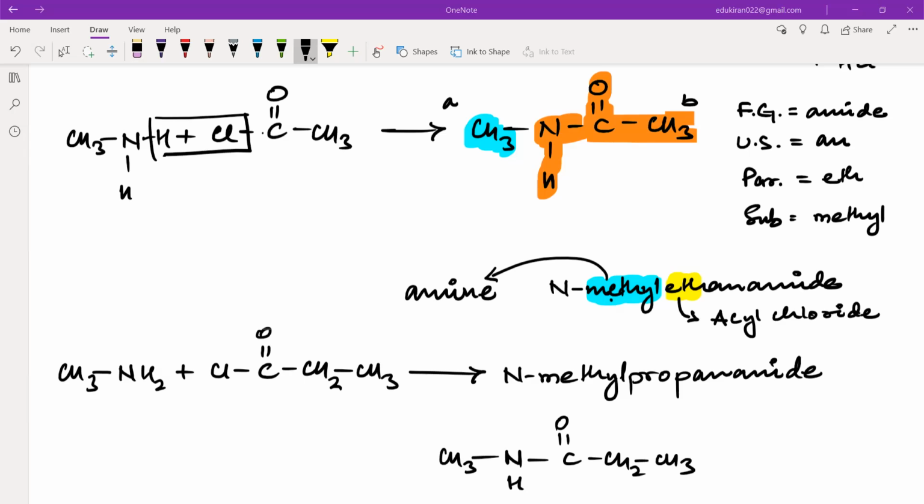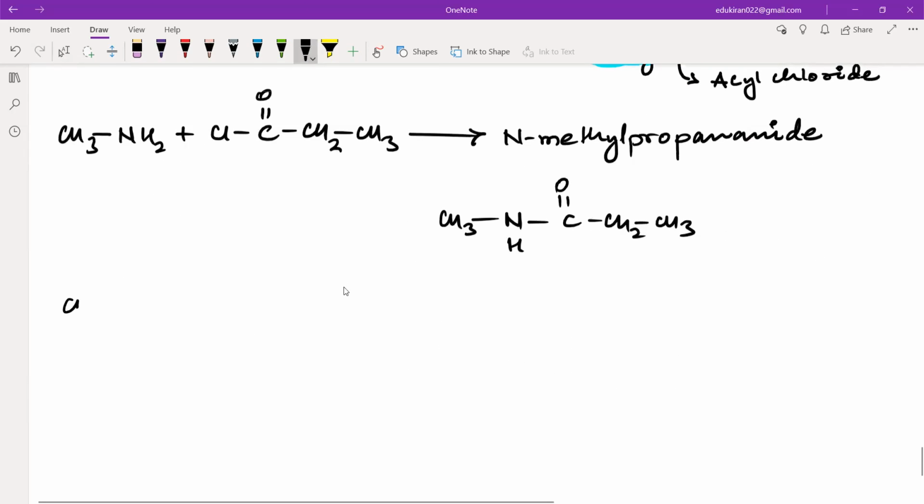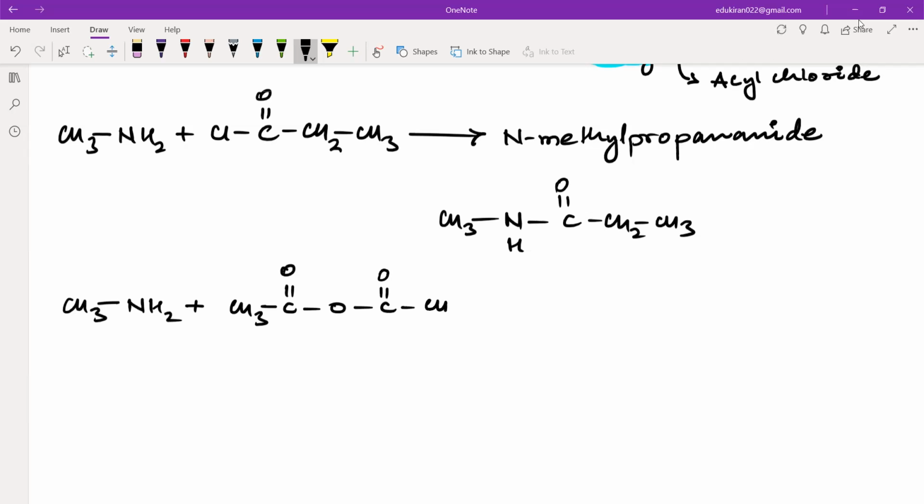Okay. Now, a similar type of reaction is also shown if you react amines with anhydrides. You have CH3NH2. If you react this with an anhydride, that is CH3, C double bond O, O, C double bond O, and CH3, in this case also one of the hydrogens attaches with this oxygen and forms a carboxylic acid, and this carbon forms the amide bond.